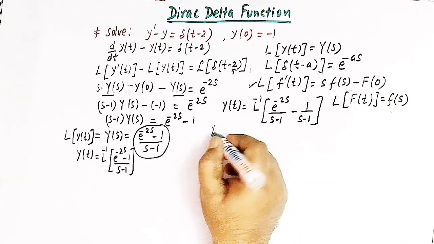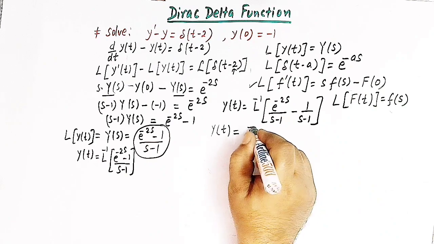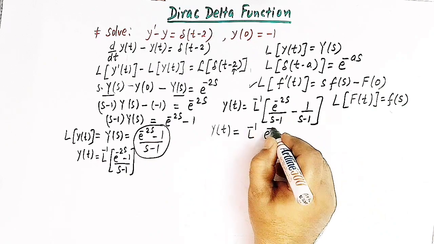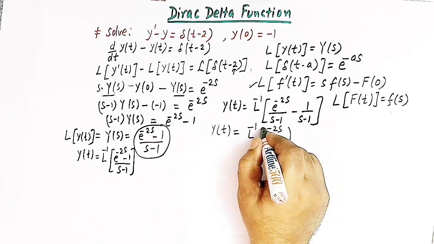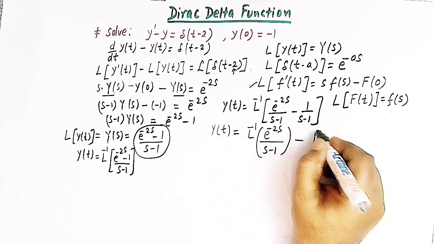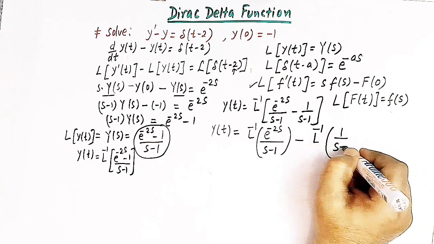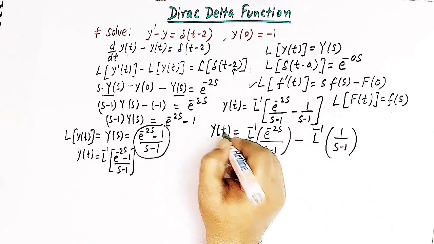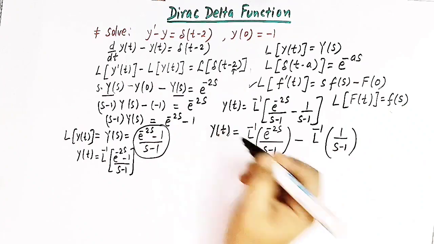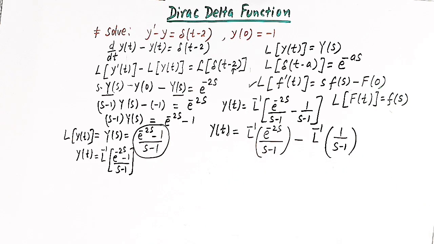So we can write y of t is equal to the inverse Laplace transform of e raised to minus 2s over s minus 1, minus the inverse Laplace transform of 1 over s minus 1. So now our function y of t can be given by this expression.